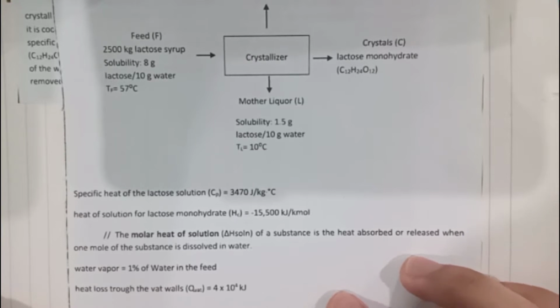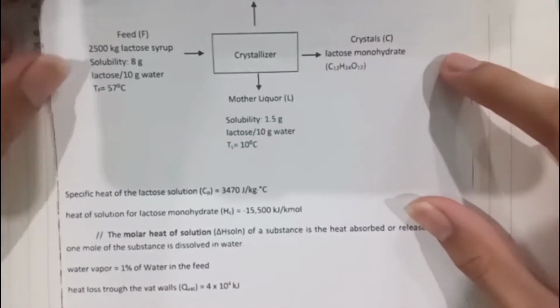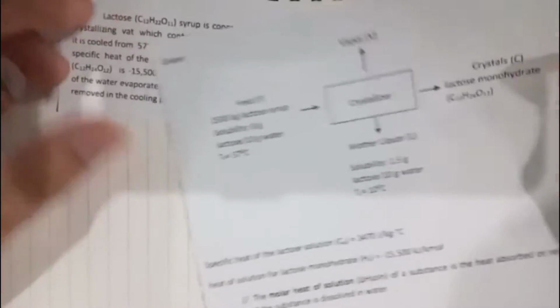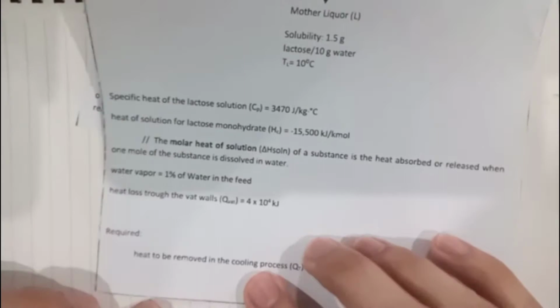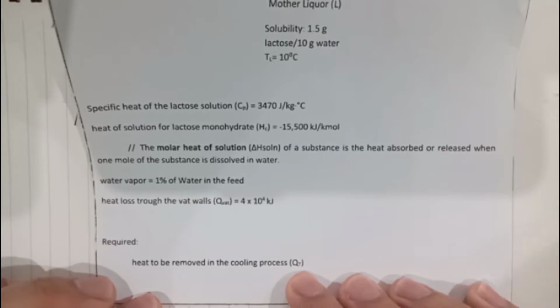And the heat loss through the bath walls is equal to 4 times 10 to the power 4 kilojoule, which is our Q bath. And what we need to find is the heat to be removed in the cooling process, or the total heat.